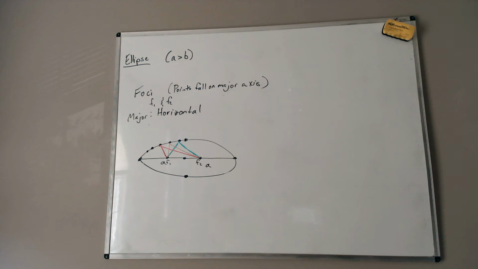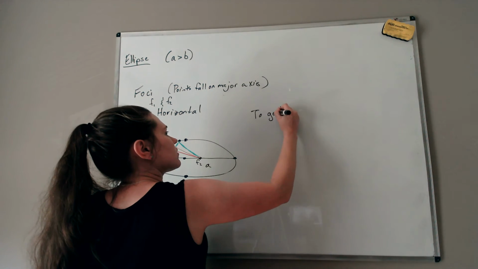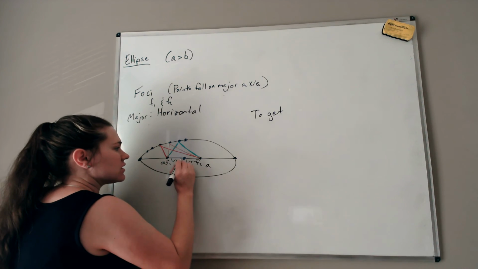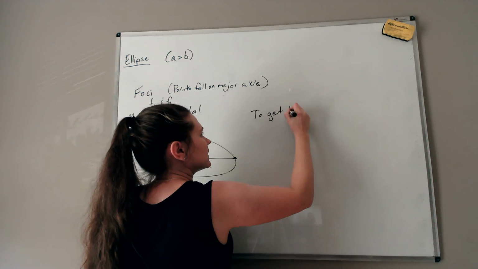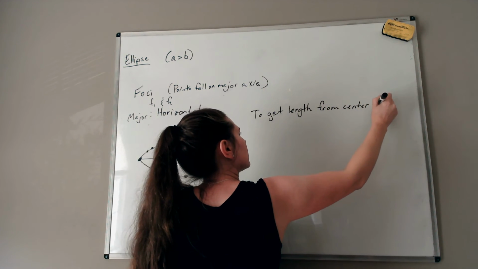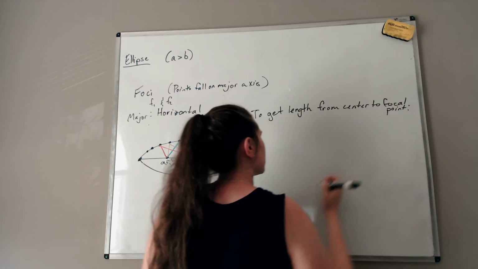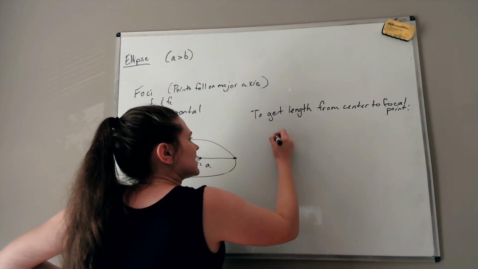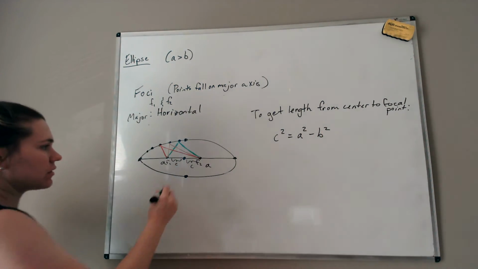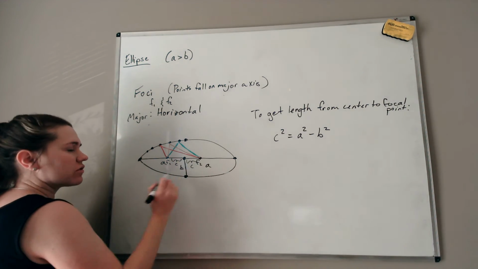So what you need to know is where to find the foci. The first thing is that this is the center. We're going to call the length from the center to one of the foci, which is called a focal point, length C. So C squared equals A squared minus B squared, where A is the length from center out to a vertex, and B is the length from center to a co-vertex.